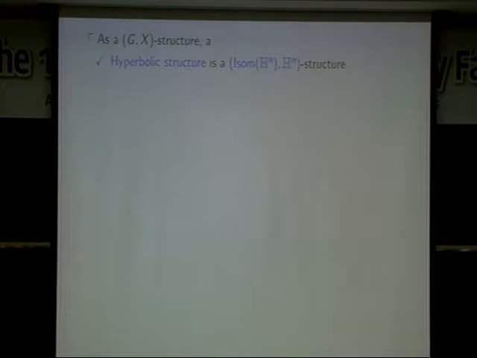So until now we discussed hyperbolic structure, and next we move to real projective structure, which is a (G,X) structure with G equal to PGL(n+1,R), and X equal to RP^n.